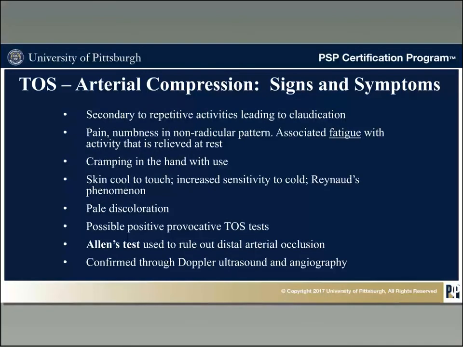In terms of the types of thoracic outlet syndromes, let's focus now on the arterial compression, and the common signs and symptoms associated with this type are listed here on the slide. The best way to think about an arterial form of thoracic outlet syndrome is to think about this as a supply side deficit.